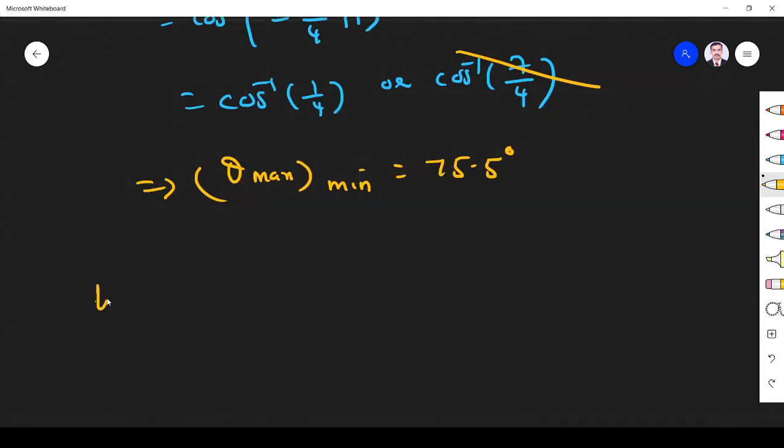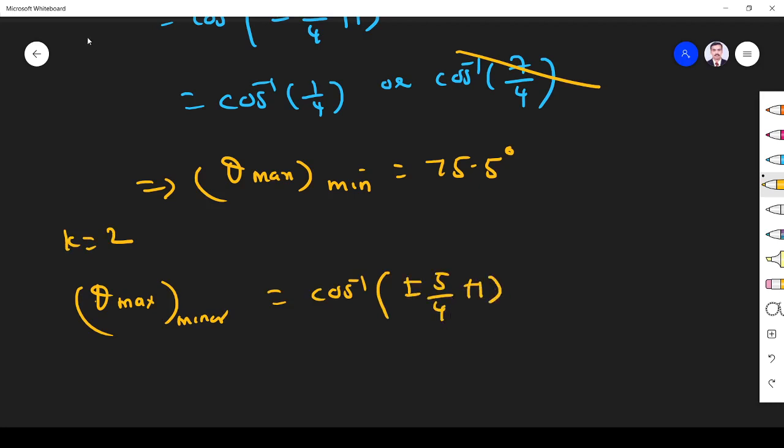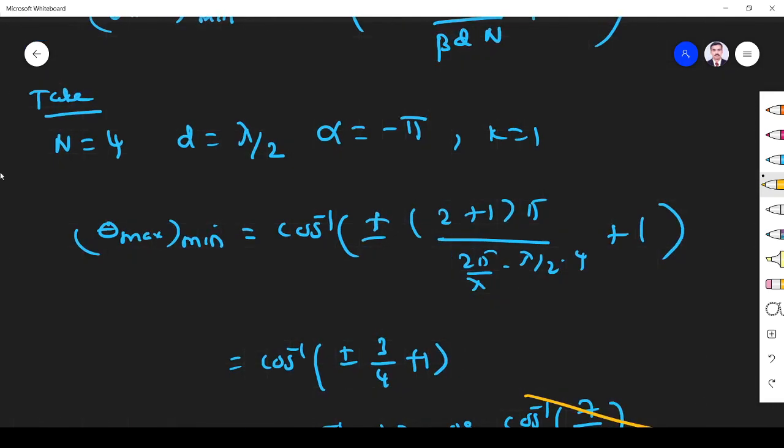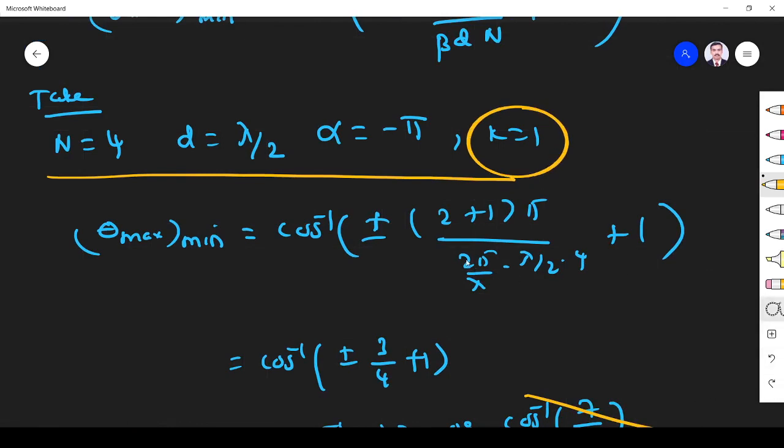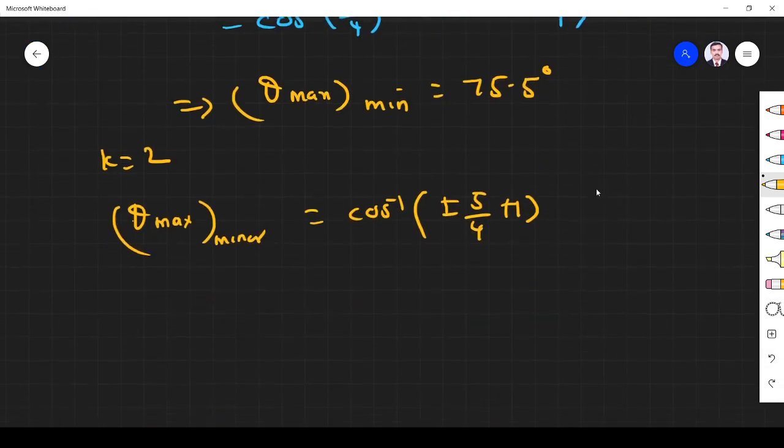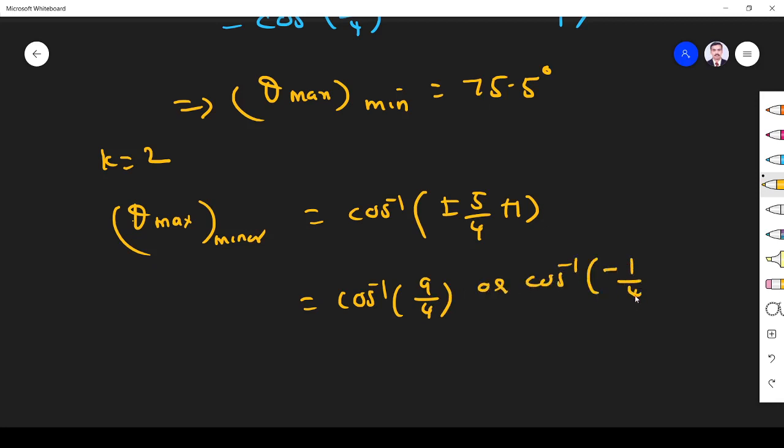Similarly, for another value of theta max minor, same condition except k equal to 2. Substituting k equal to 2, I get cos inverse of plus or minus 5 by 4 plus 1. That gives cos inverse 9 by 4 or cos inverse minus 1 by 4.